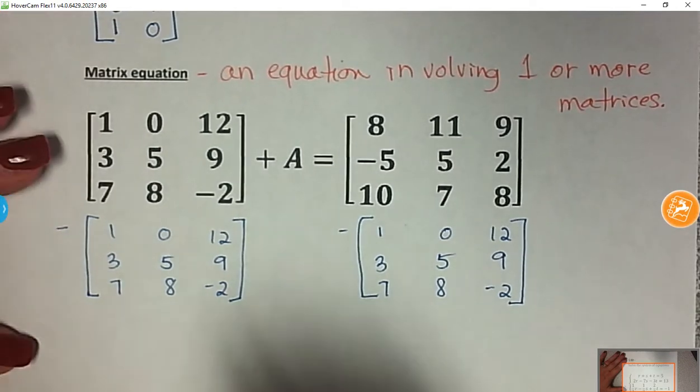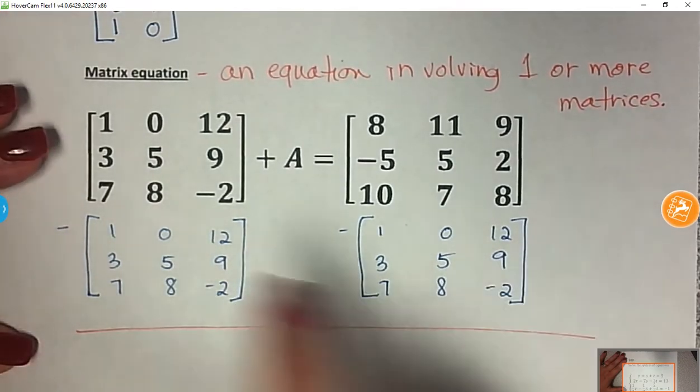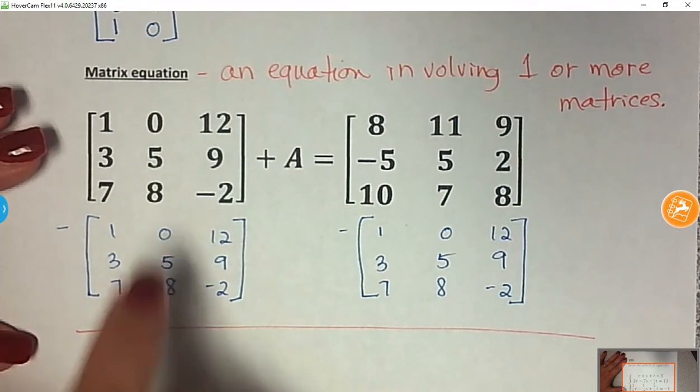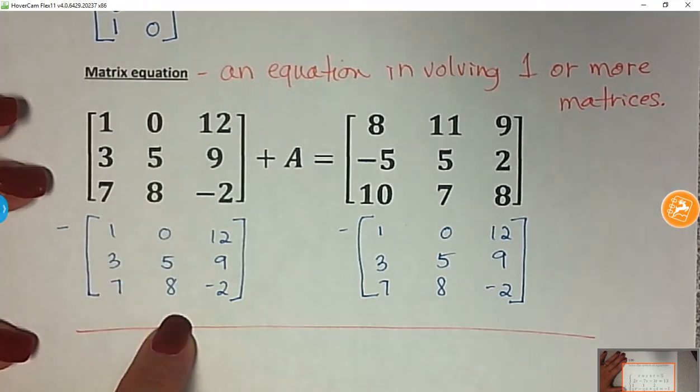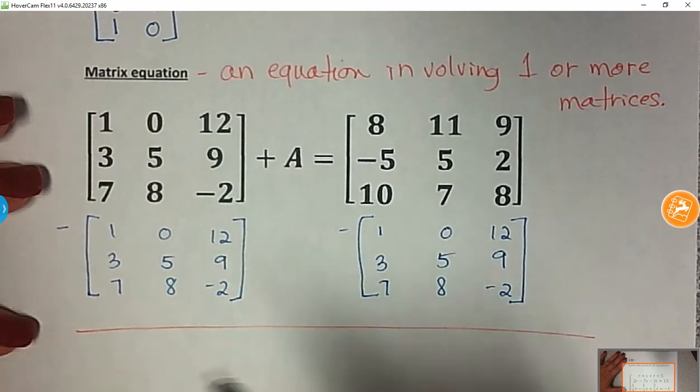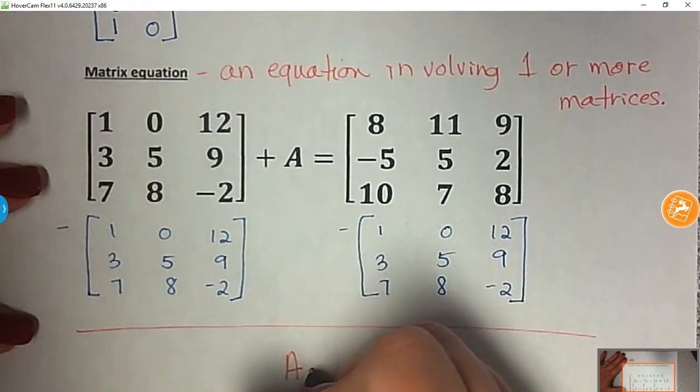And what that will leave me with over here, when I subtract something from itself, that gives me the 0 matrix. So it's like it's not there. And I'm left with the A.